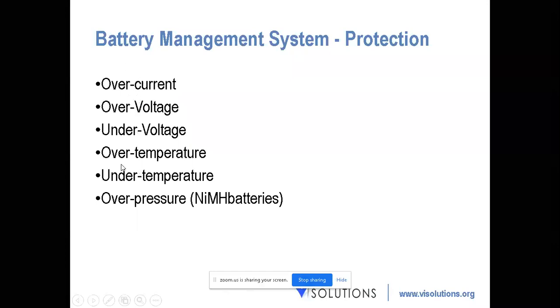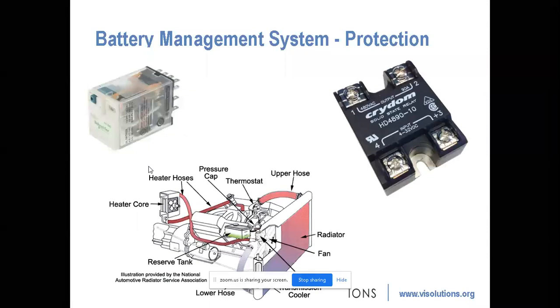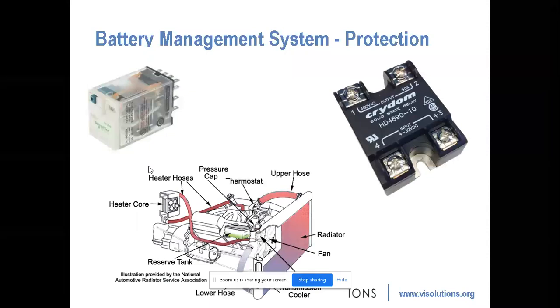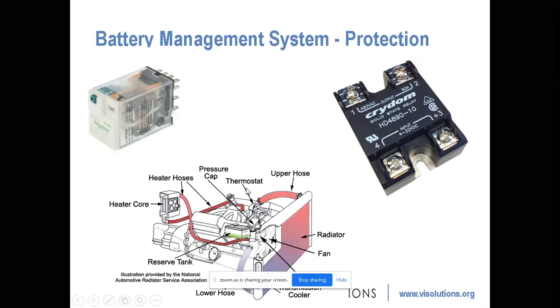For this we need to acquire the current, voltage, and temperature data. Depending on that, you can apply protection like relay based protection, solid state relay protection, and also temperature based protection, like coolants could be driven, and so on and so forth.